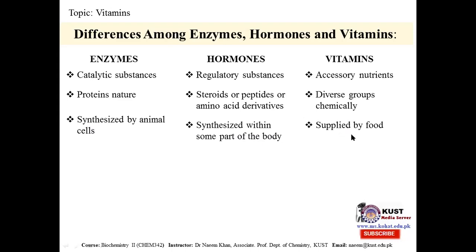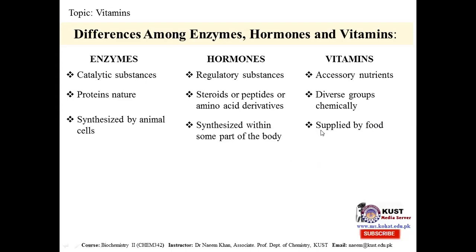Here, vitamins must be supplied by food, because we know that humans cannot synthesize most of the vitamins. Yes, they can synthesize some vitamins from provitamin forms. For example, if carotenes are plentiful, vitamin A can be synthesized. Similarly, if 7-dehydrocholesterol is there, vitamin D can be synthesized.